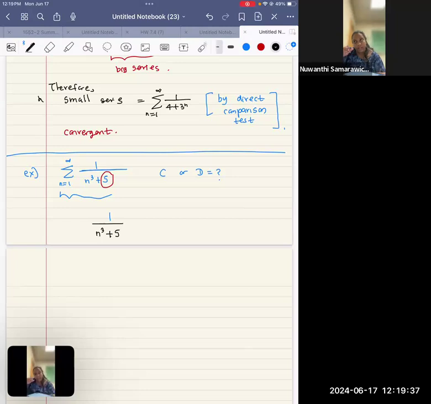The idea is when n is very large, if it is infinity, this 5 is insignificant, right? Whenever you add a small number to a large one, it's insignificant. Let's say you have 100,000. You add a small number, it's insignificant. So we have this, and we have 1 over n to the power 3. We are going to compare this series with this one.